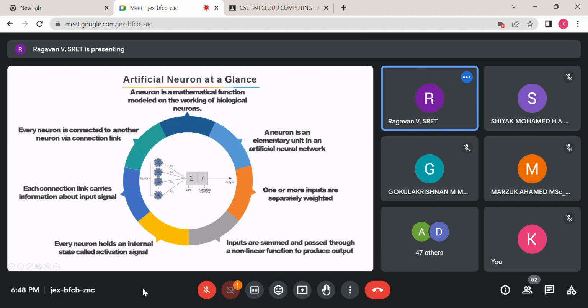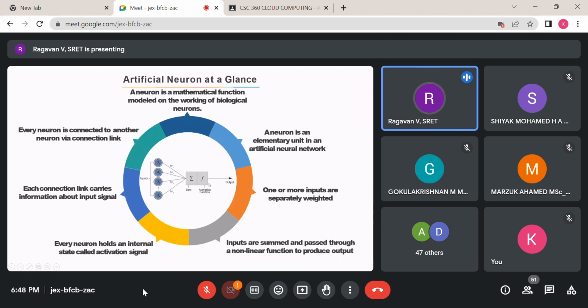And third is, one or more inputs are separately weighted. Here you can see inside the picture, there are inputs received from the input layer, x1 to xn, n number of inputs you can use. All the inputs are weighted, w1 to wn. All the input values and weight values are summed up, the formula xi into wi, right?